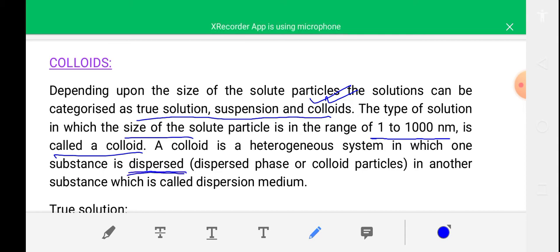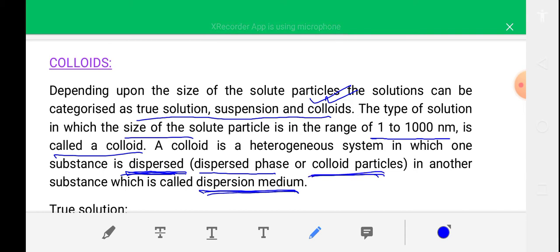The dispersed phase means solute, and one substance is dispersed in another substance, which is called the dispersion medium. Dispersion medium is actually the solvent, and dispersed phase or colloidal particles are actually the solute particles.